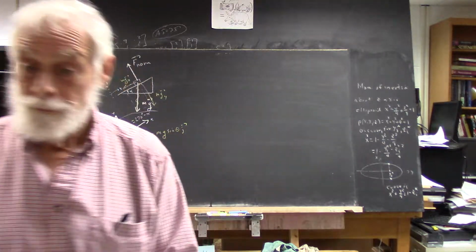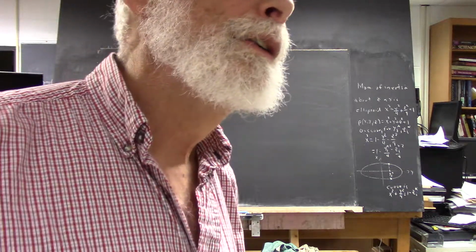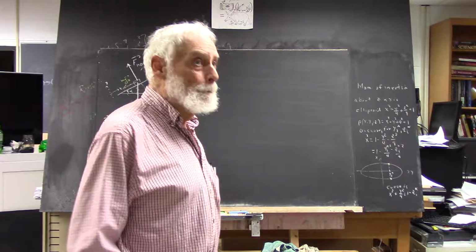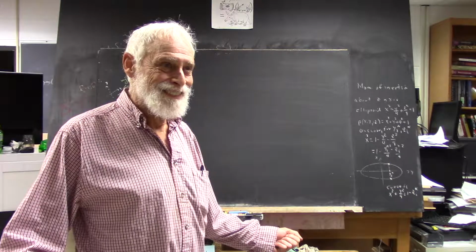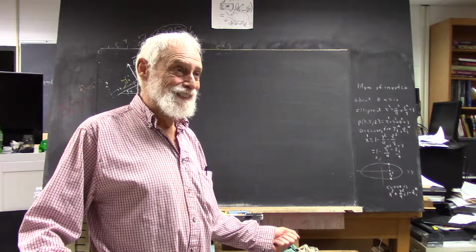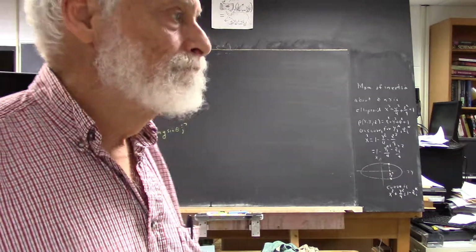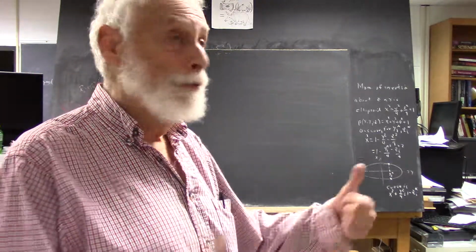Okay? That's the scheme that I want you to use in solving any problem involving, say, a ball rolling down an incline. Okay? Make sense? Now, how do you work in things like other external forces or frictional forces?